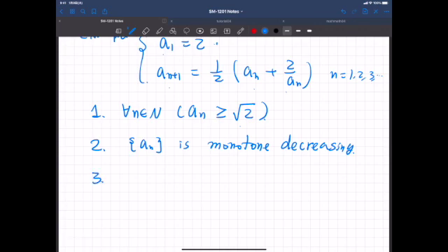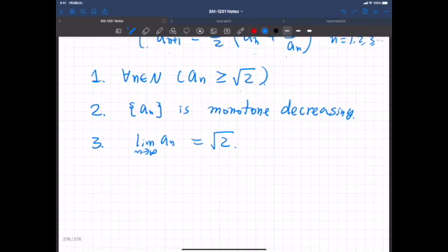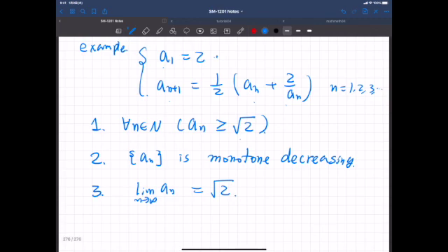And third, the limit of this sequence is actually the square root of 2. You can experiment with this by writing a computer program. This is a very simple calculation. Maybe you can even use Excel or Google Sheets or whatever spreadsheet applications to calculate some of these values.